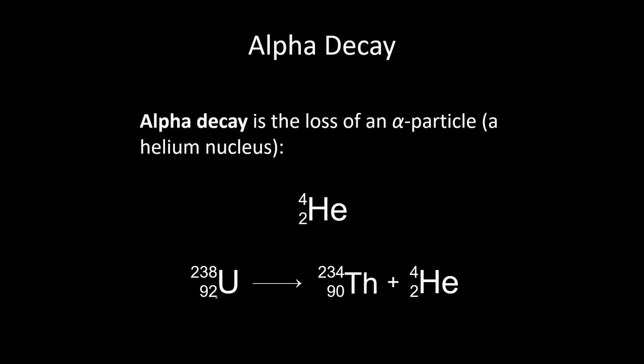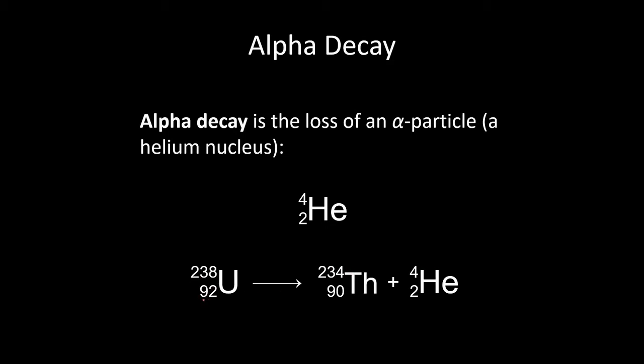One thing I want to point out here, and this is going to be true for all of the radioactive decay that we're going to see: the mass numbers on the left side of the arrow will always equal the mass numbers on the right side of the arrow when you sum them. So we have 238 on the left, and 234 plus 4 gives us 238.